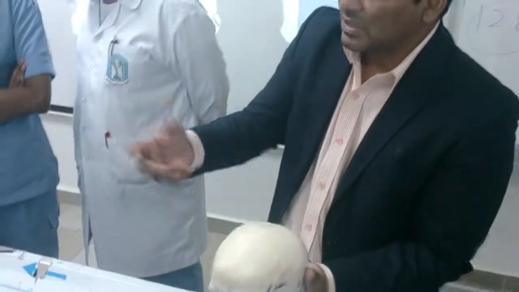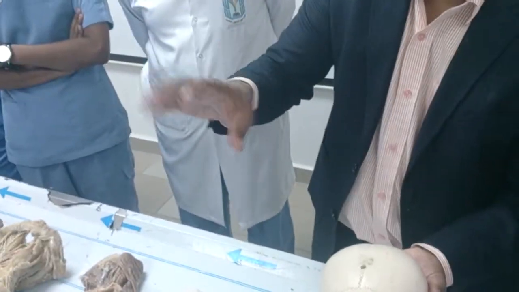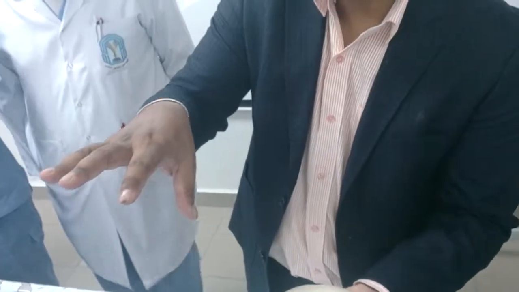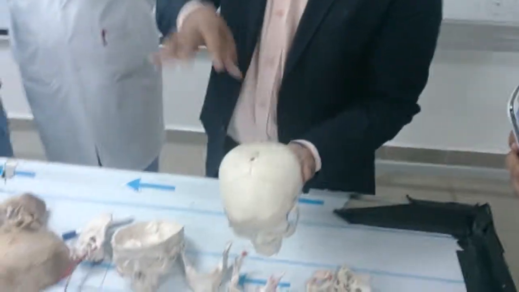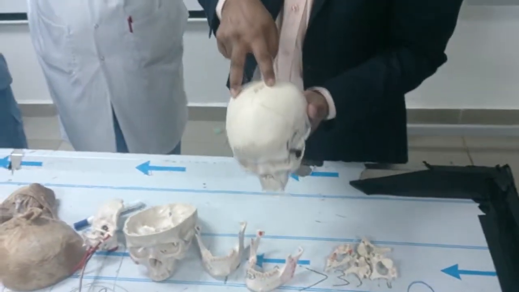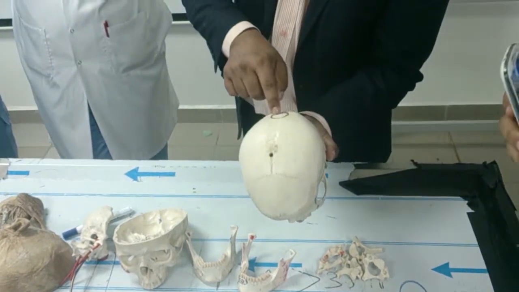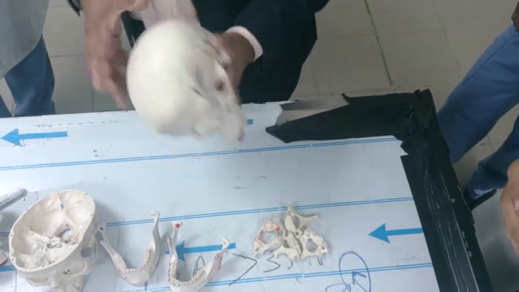So in newborns, these areas are membranes, and they are called fontanelles. This is the anterior fontanelle, and this is the posterior fontanelle. The anterior fontanelle is between the frontal and two parietal bones, and the posterior fontanelle is here, between the two parietal and occipital bones.